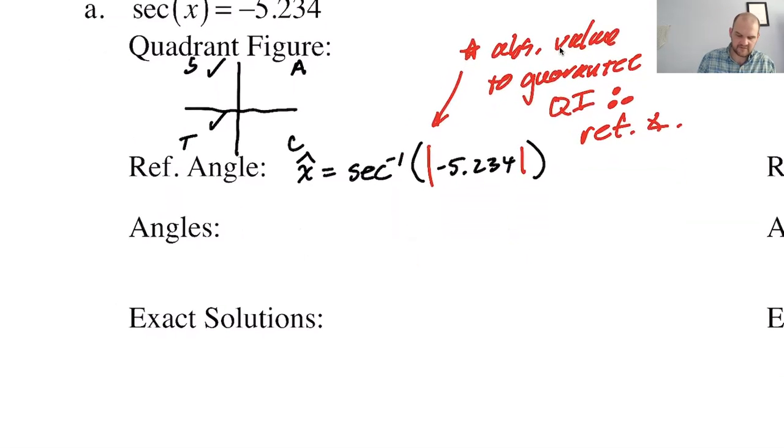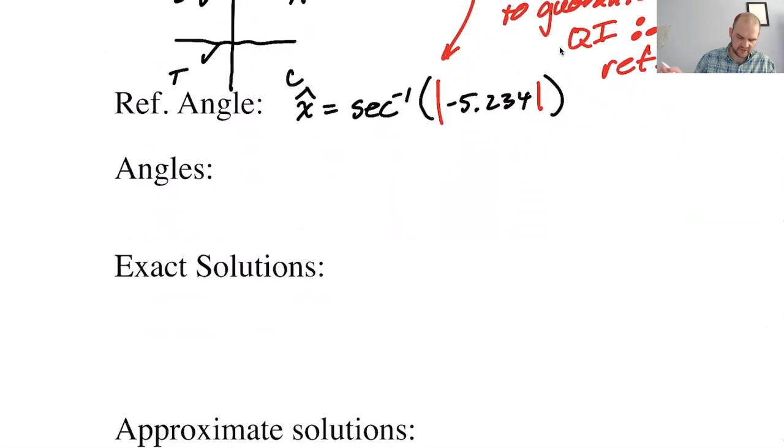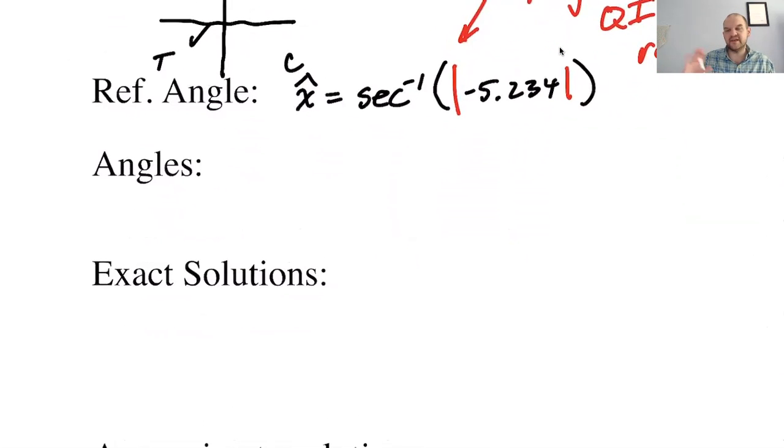No need to belabor the point. It's going to be the inverse trig of the absolute value of the ratio, so always the inverse trig of a positive. You just don't want to get involved with negatives. We already did inverses; inverses of negatives end up in weird places, sometimes quadrant 4 but negative, sometimes quadrant 2. We didn't even talk about inverse secant, cosecant, and cotangent because they don't really come up.